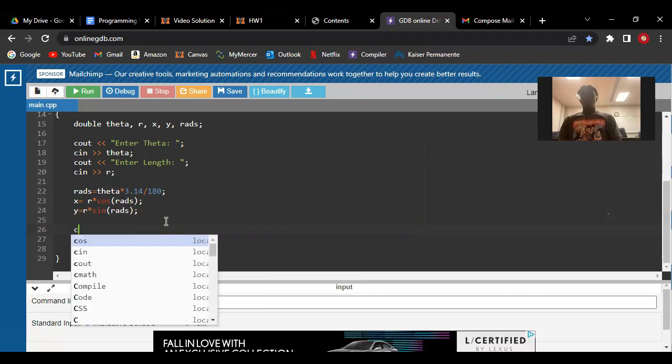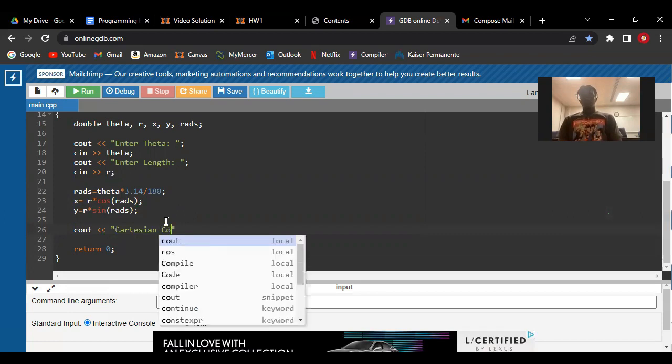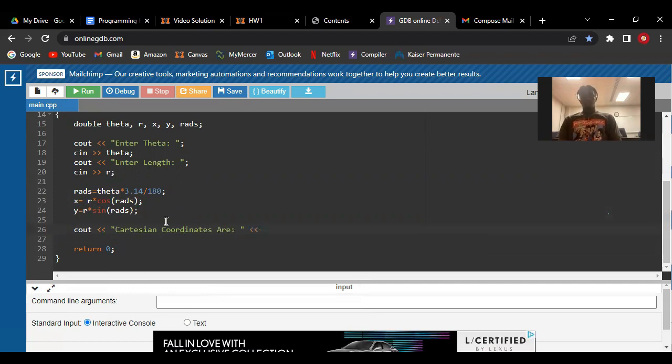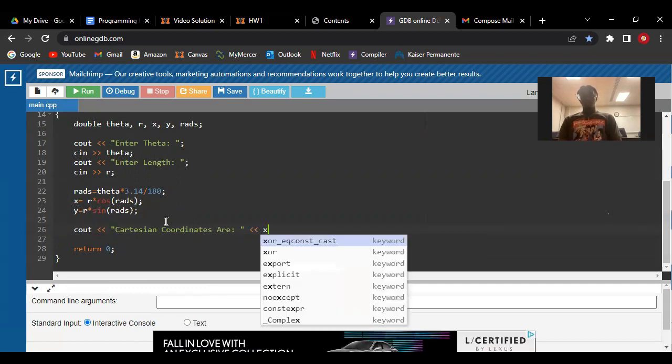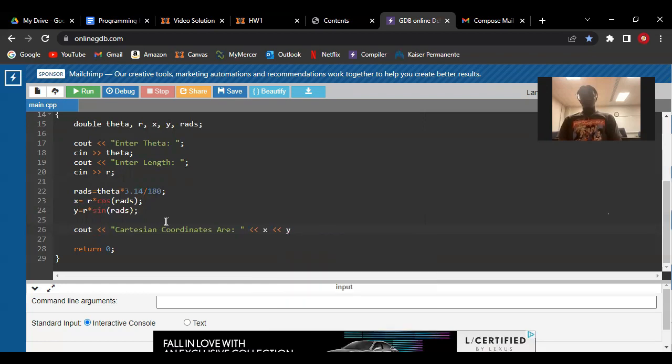So we're going to want to cout that our Cartesian coordinates are, then our x value, and then our y value. Just for formatting purposes, we're going to put a comma in the middle, but that's really only necessary to make them clean.